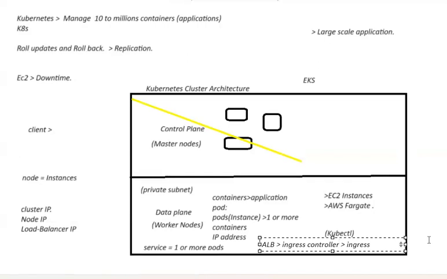In the ingress, you need to mention which traffic is allowed, and under the ingress controller, you need to provide what traffic is allowed, and you can connect by using the application load balancer and ingress controller.